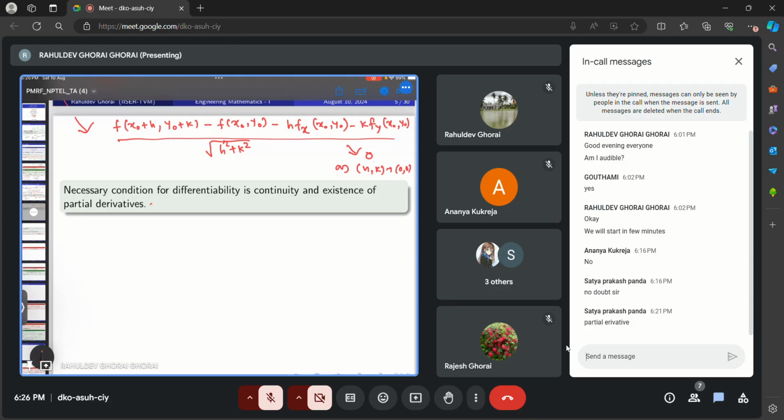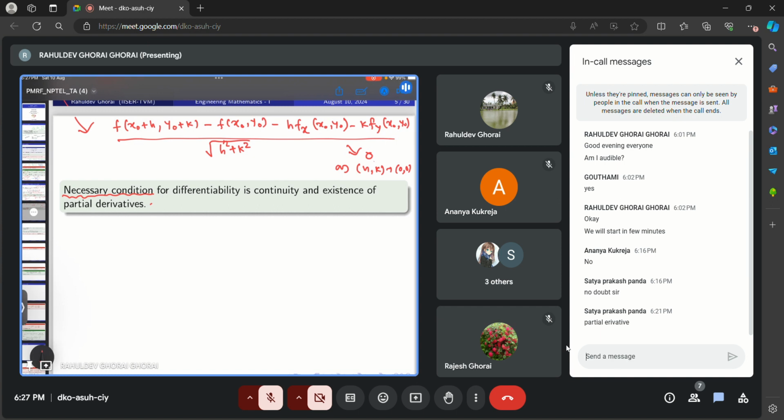If it is continuous and both partial derivatives exist, then you cannot say that the function is differentiable. These are necessary conditions. So what is the meaning of this necessary condition? If continuity fails, or at least one partial derivative does not exist, that implies the function is not differentiable.